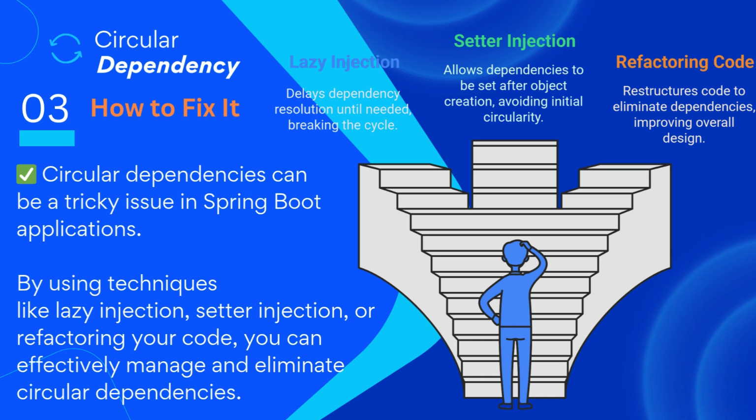The second way is to use setter injection instead of constructor injection. Constructor injection forces Spring to resolve all dependencies upfront, but setter injection gives Spring more flexibility to wire things in stages. The third way is to refactor your code. Before writing the code, ask yourself, do these classes really need to depend on each other?